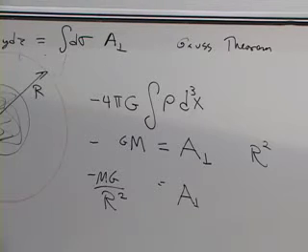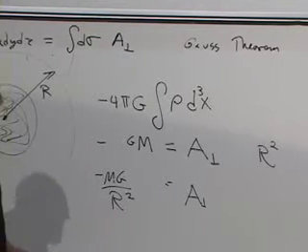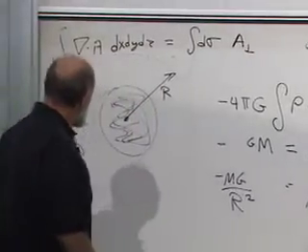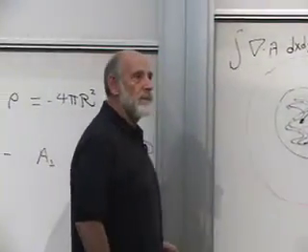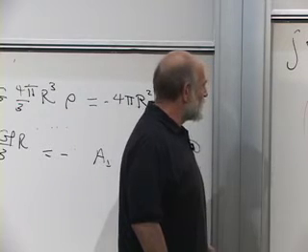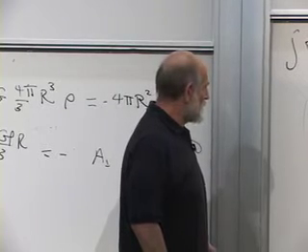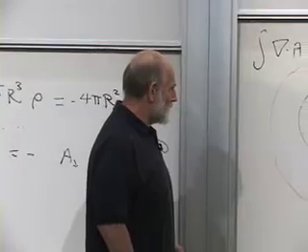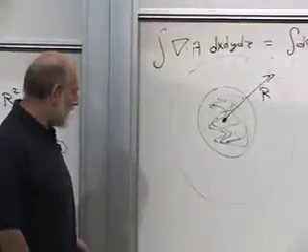The mass of the Earth is 4/3 pi r cubed times rho. Right. So on one side you have a 4 pi, and on the other side you don't. Is that good or bad? That's bad.